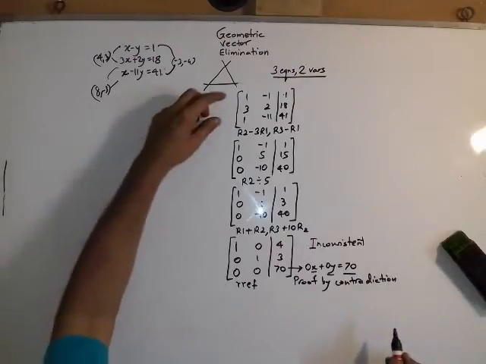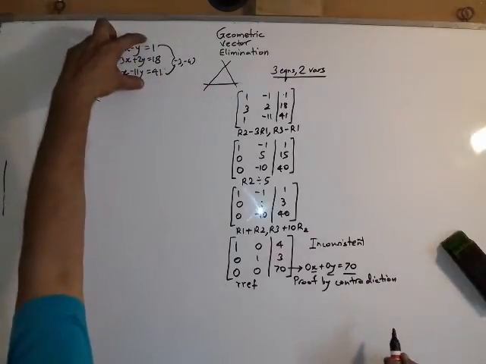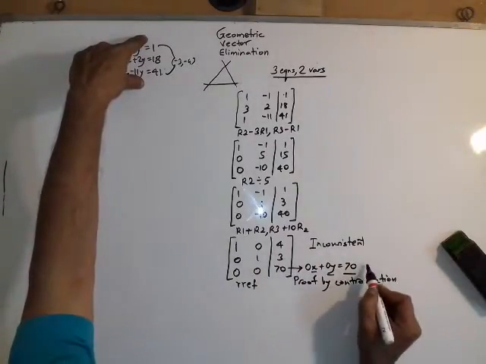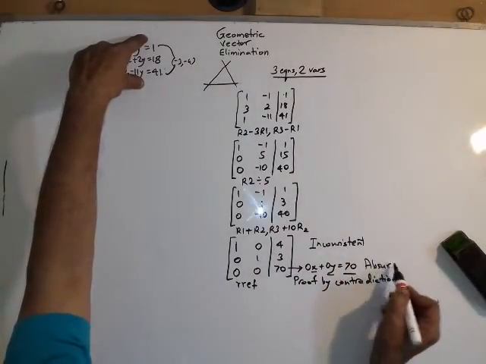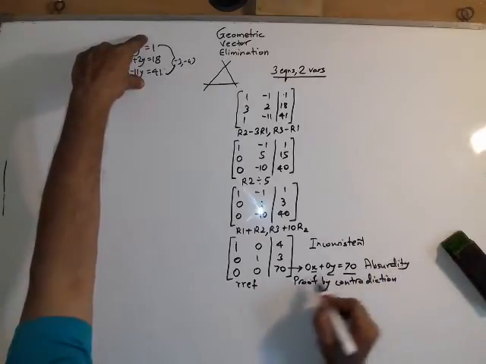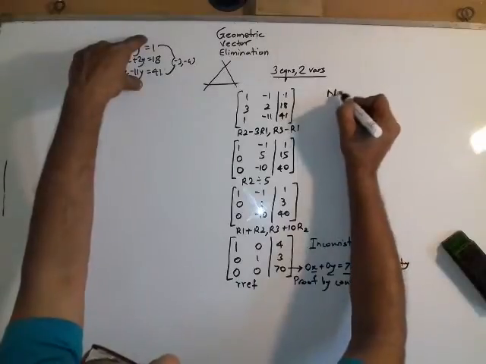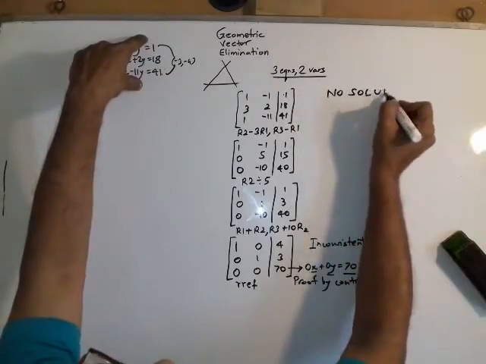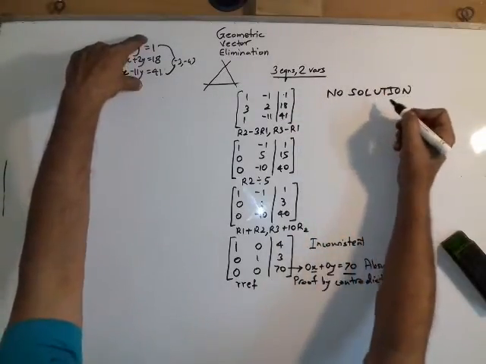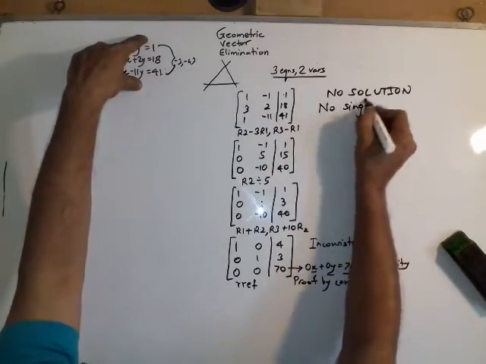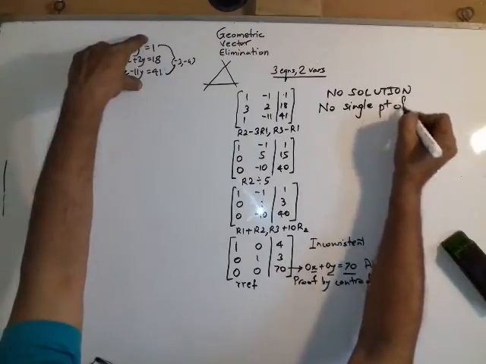We started with an assumption that this system has a solution. We started with that assumption and we came to an absurdity. And if we have come to this absurdity which cannot exist, then that means our assumption is wrong and no solution exists for the system of these 3 equations, which really means no single point of intersection.